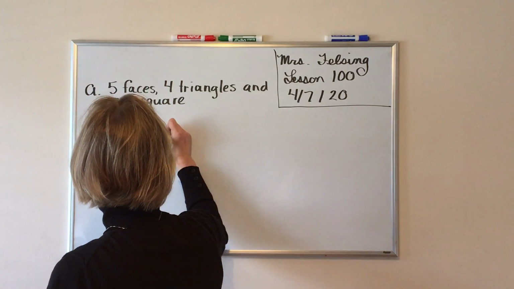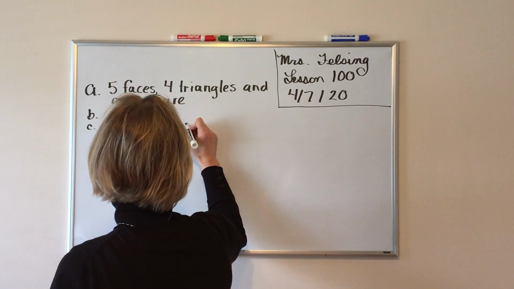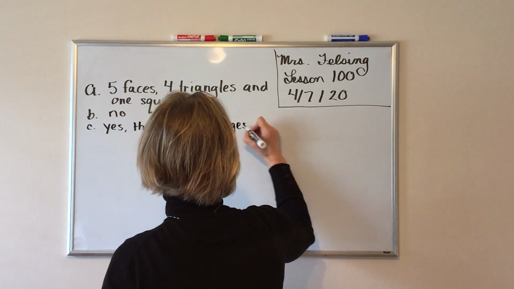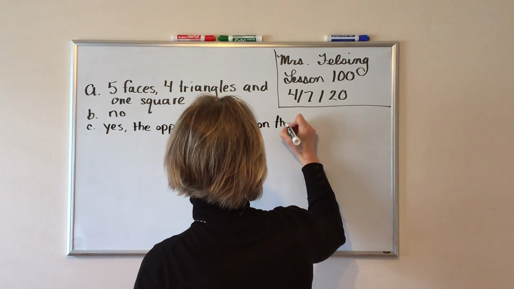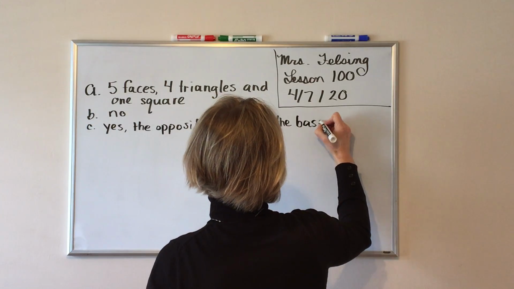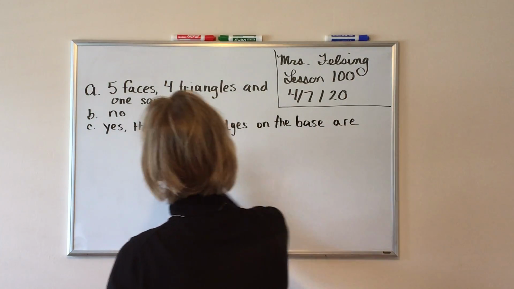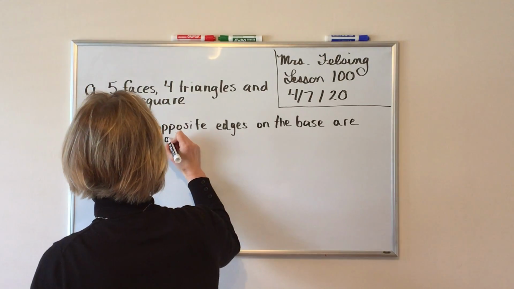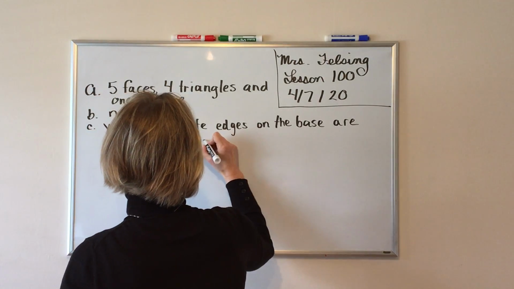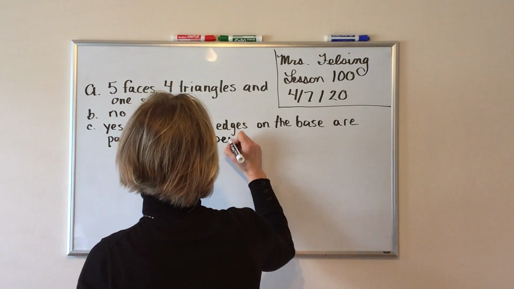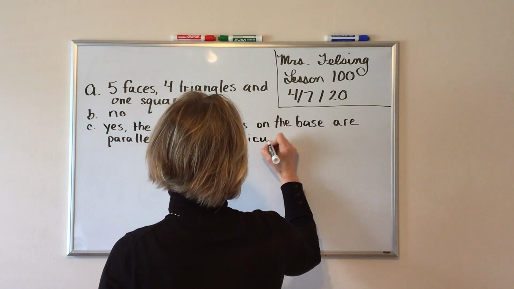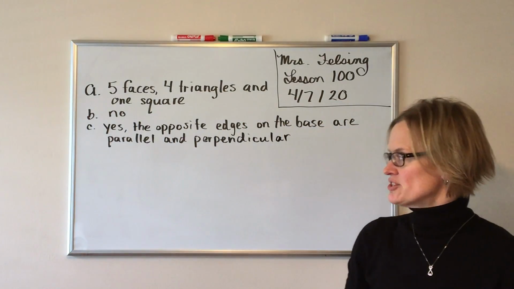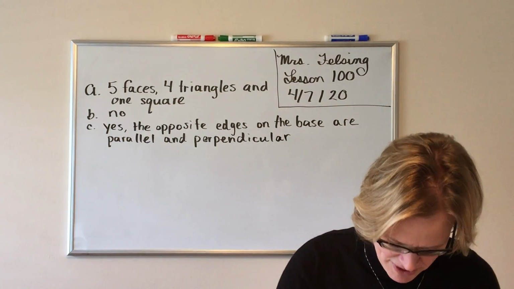The opposite edges on the base are parallel and perpendicular. Be sure to check your spelling, fourth grade, for parallel and perpendicular, because those words are challenging. Okay, make sure that you get the spelling right for that.